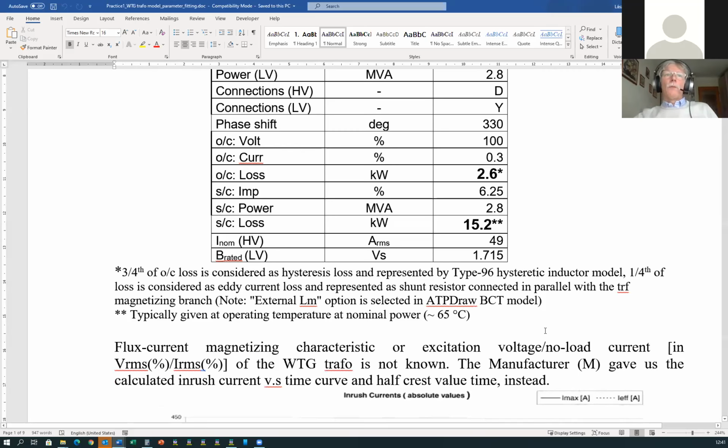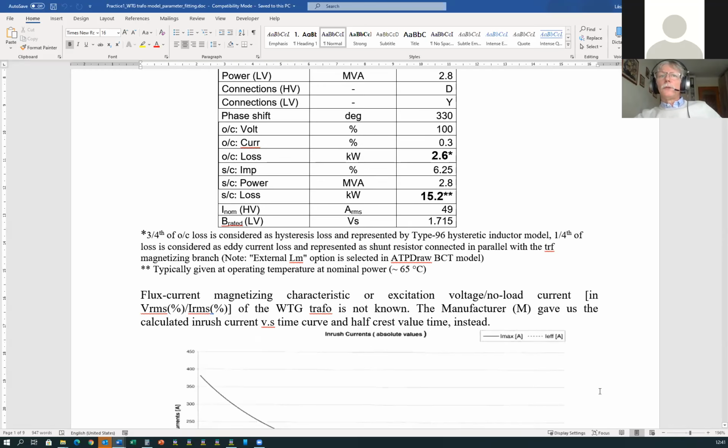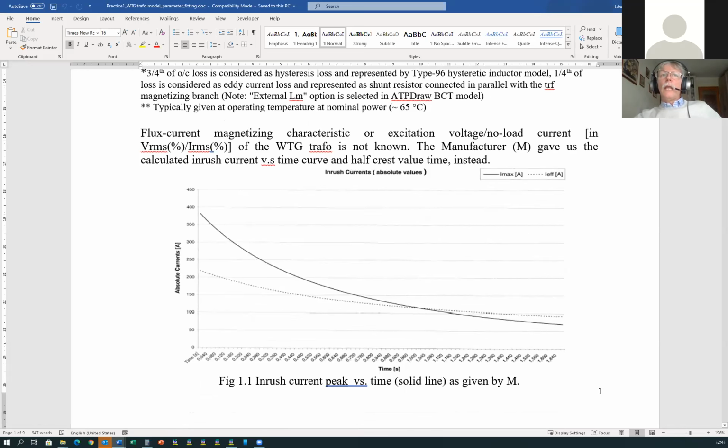The task of this short practice is to fit this transformer model to the inrush decay phenomena provided by the transformer manufacturer.